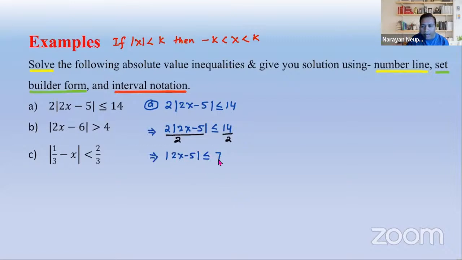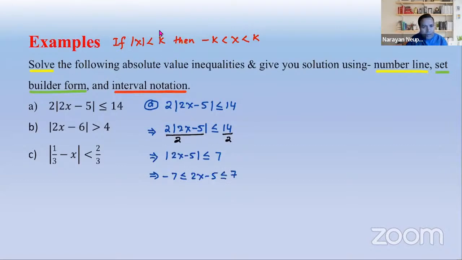When you have less than some value, the quantity inside the absolute value will be between negative of that number and positive of that number. So if we write that, this will be negative 7, because our key number is 7. So negative 7 is less than or equal to 2x minus 5 is less than or equal to positive 7.